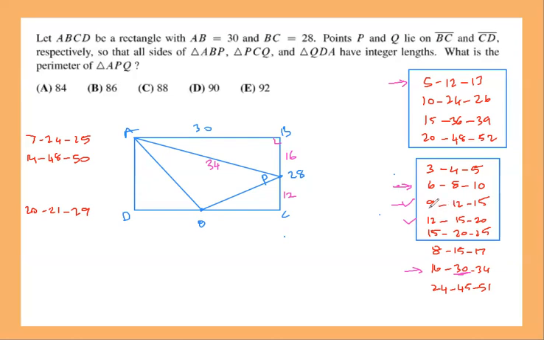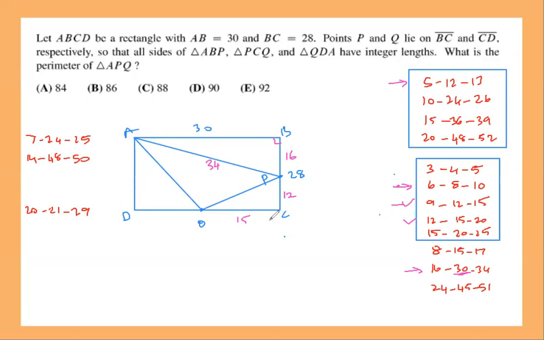If I choose, let's say, 12, 15: if this is 12, this is 15, then the hypotenuse would be 15. If this is 15, and this is 28, I don't think we have a Pythagorean triple with 28 and 15. You can double check: try the Pythagorean theorem and see whether the result is an integer.